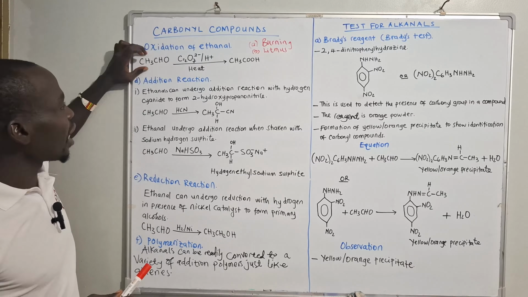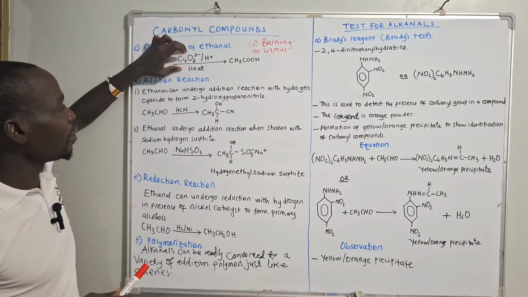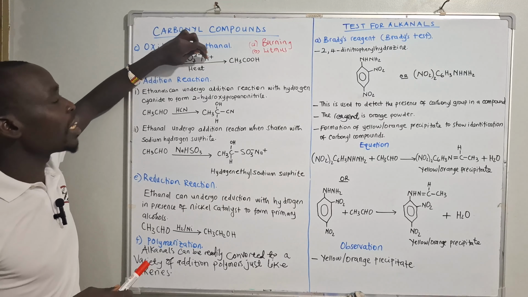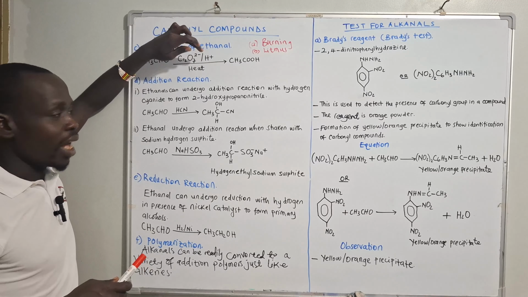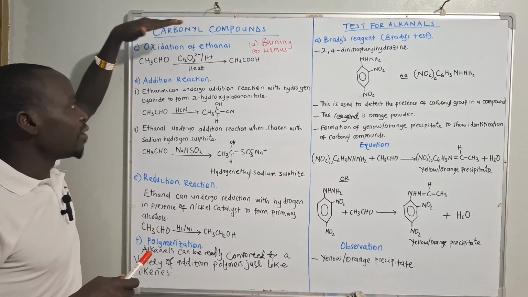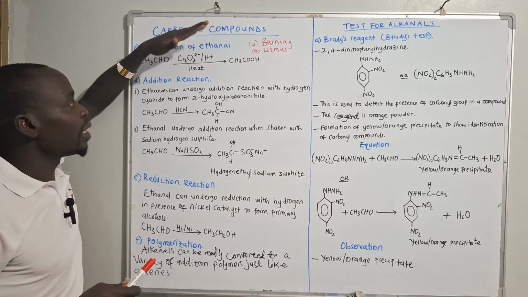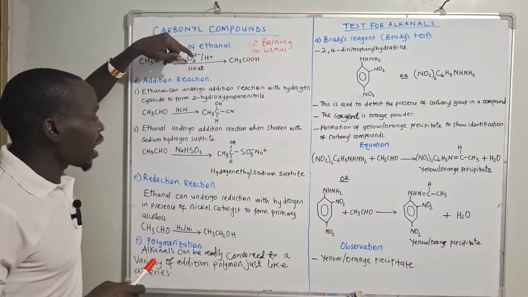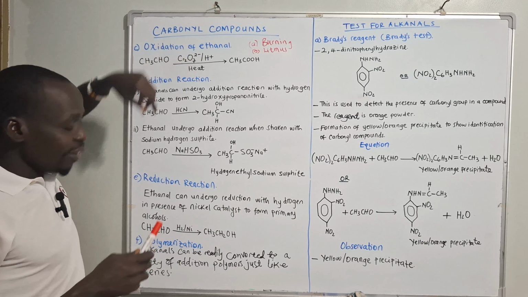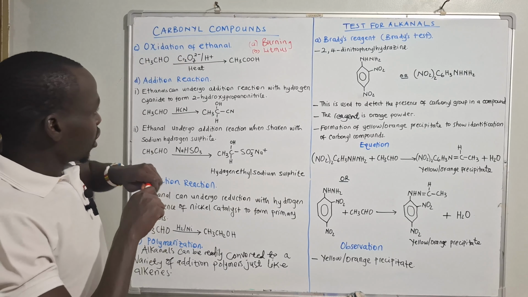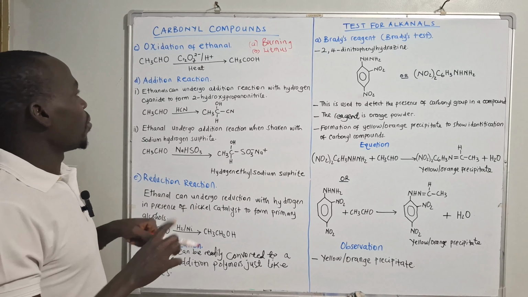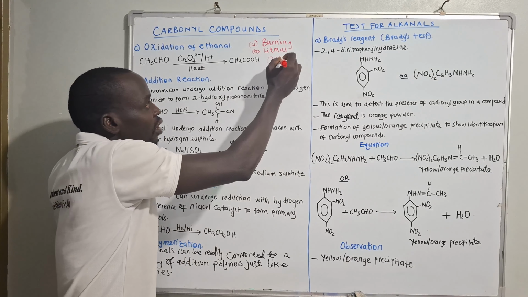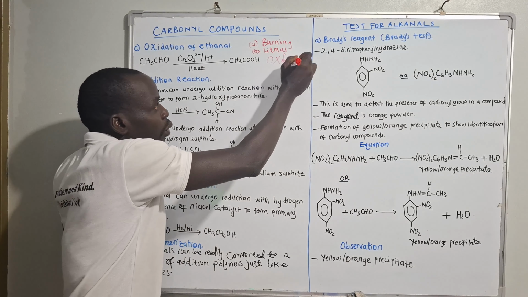When you treat ethanal with powerful oxidizing agents in the presence of hydrogen ions, such as acidified potassium dichromate(VI), the color is orange. In chemistry, when something is oxidizing, it is also itself reduced in the process.